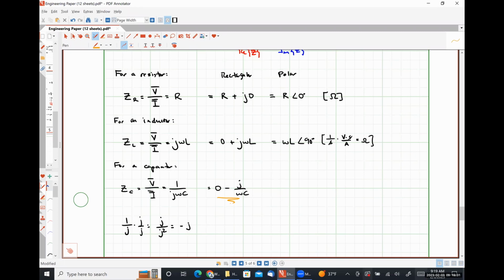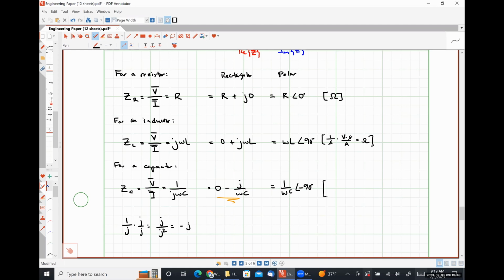Inductors will have positive reactances, okay? In polar form, this becomes 1 over omega C with an angle of negative 90 degrees.